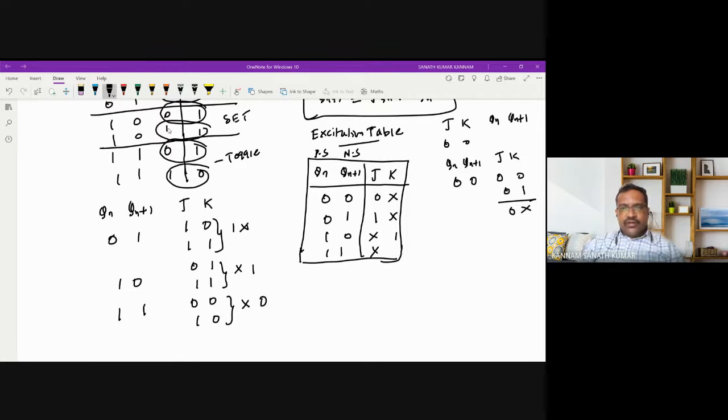So you can remember it like this: J values are 0, 1, don't care, don't care, and opposite of this, you will get the K values: don't care, 1, 0. Or you can remember it as 0, 0: 0, don't care; 0, 1: 1, don't care; 1, 0: don't care, 1; 1, 1: don't care, 0. So this is the excitation table for the JK flip flop.